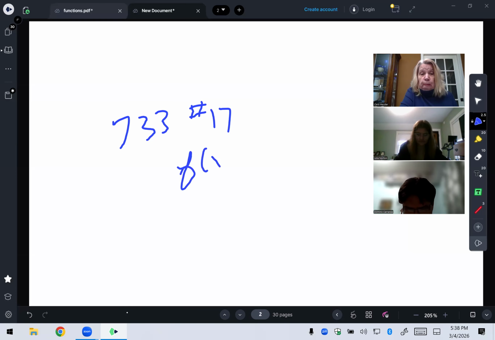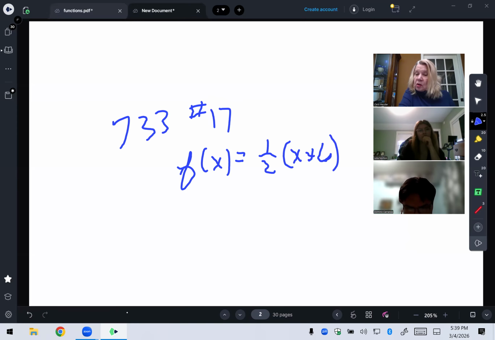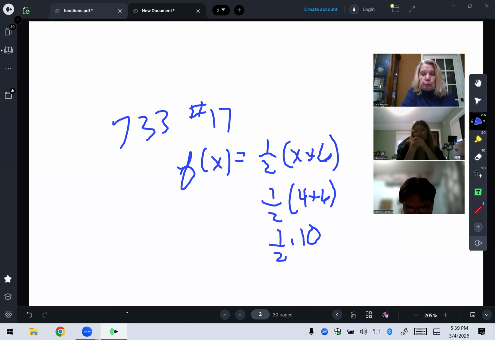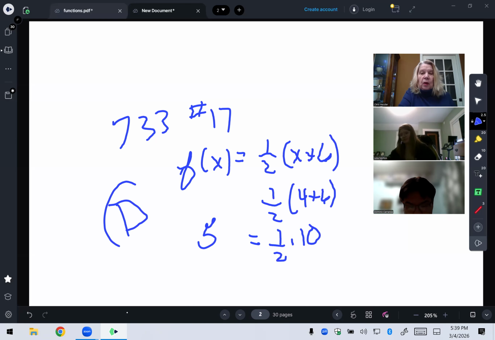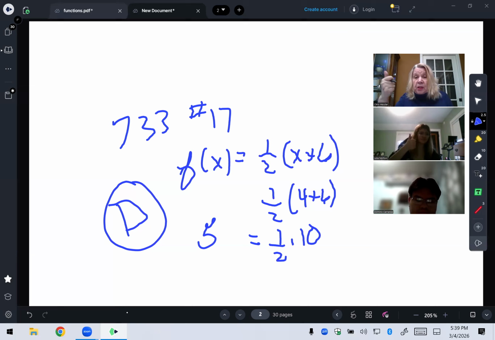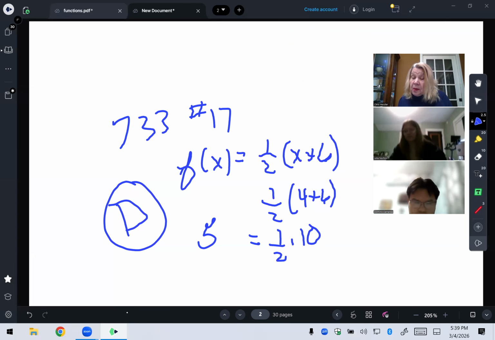So give it a try. So we're just going to put 4 in for x. So did you get D? D is good, Dominic? That was a higher level. I don't know why, but we're high up in the module too.